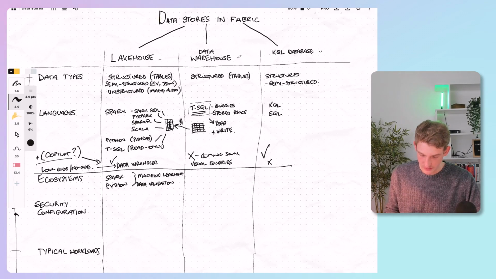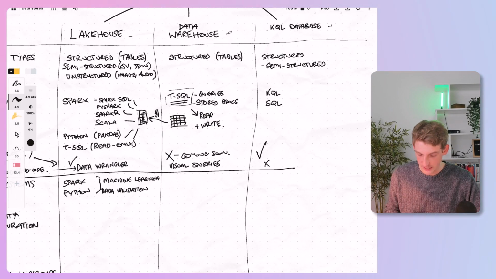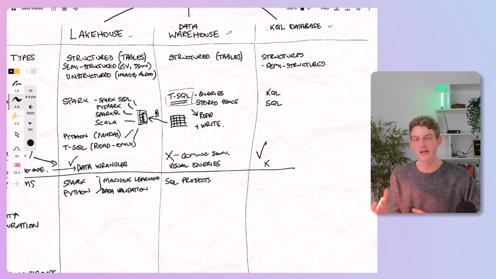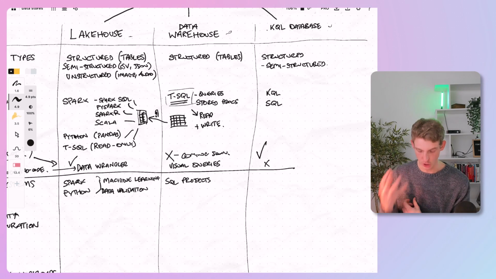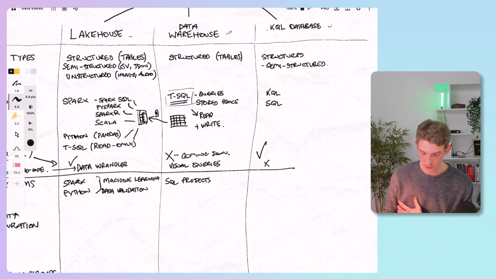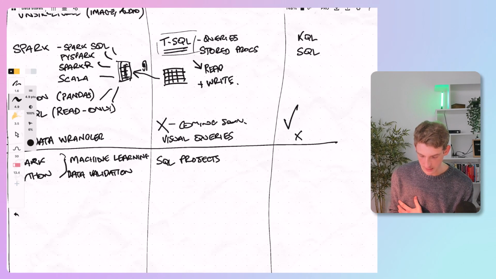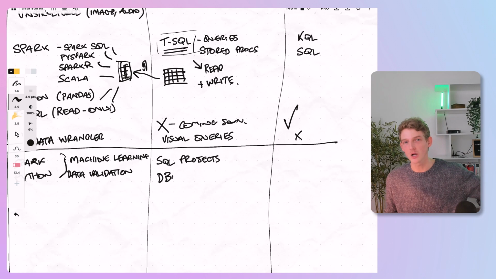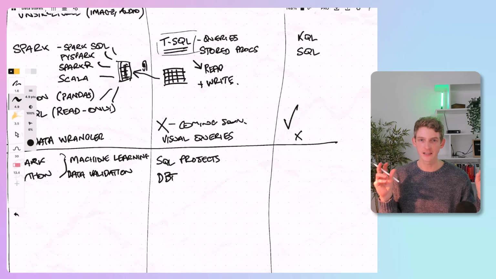Now, in terms of ecosystems in the T-SQL world with data warehouses, the good thing is that it opens up SQL projects. So we can manage our T-SQL code and our database configurations using SQL projects. And we can also use dbt, right? So dbt is a third-party tool that is very commonly used for analytics engineering.